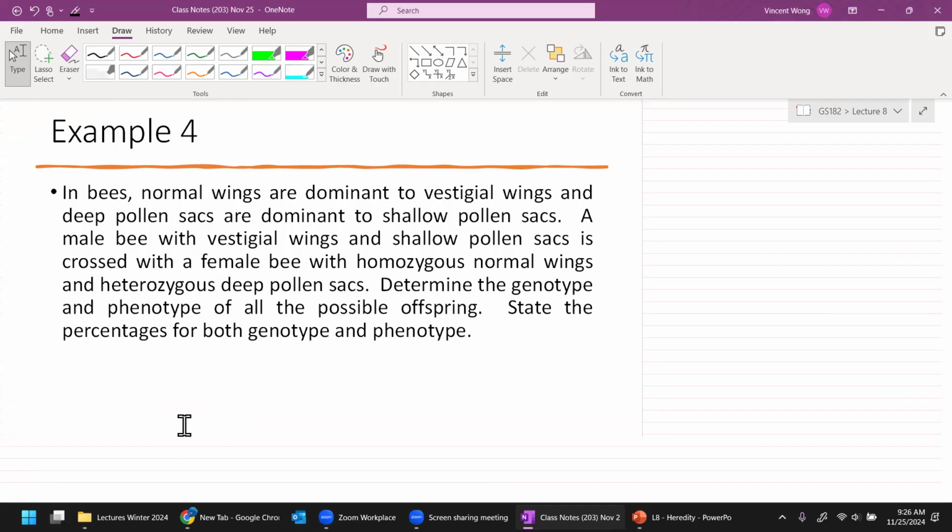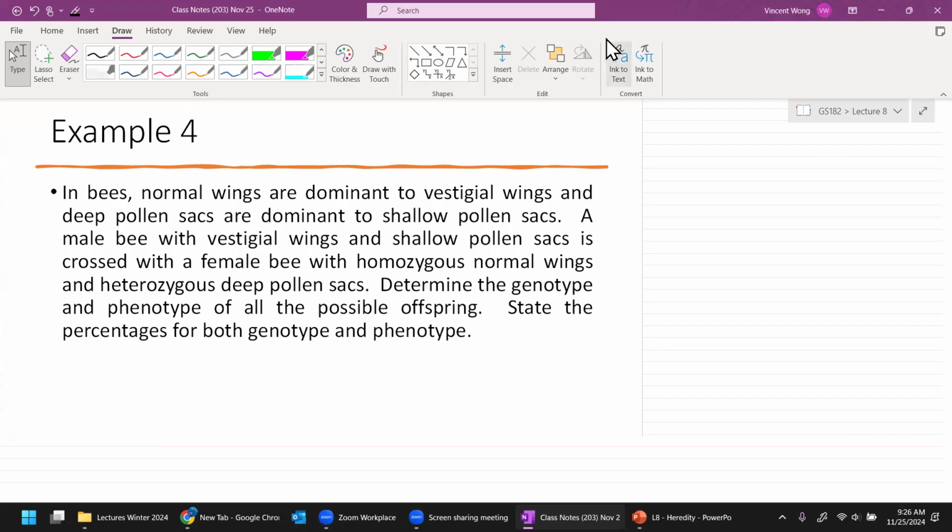In bees, normal wings are dominant to vestigial wings. Again, who cares what vestigial means? All it matters is normal is dominant over vestigial. But if you're wondering, vestigial just means it's really tiny.